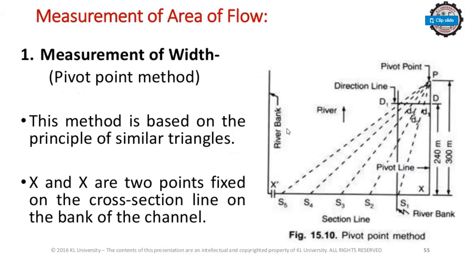Pivot point method. This method is based on the principle of similar triangles. X and X1 are 2 points fixed on the cross-section line on the bank of the channel. Here, 240 meters, 300 meters, and the provided line. Here, river bank and the section line.